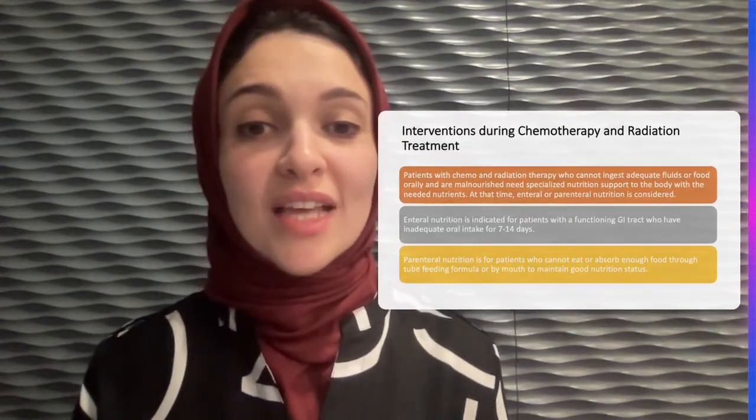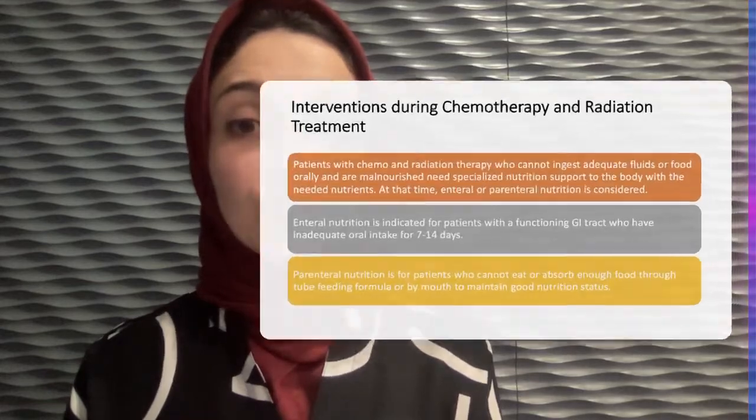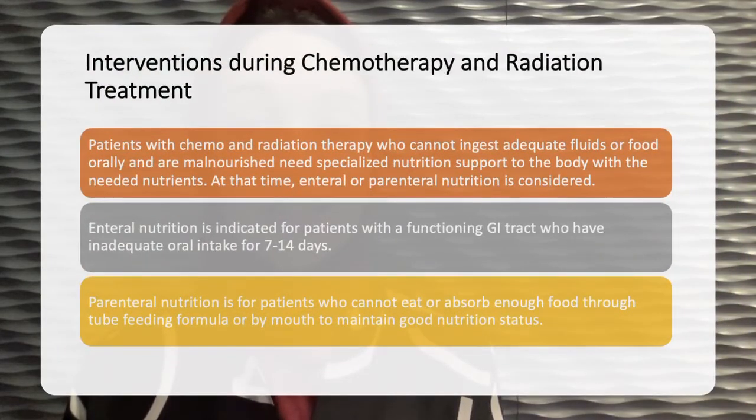First, what are enteral nutrition and parenteral nutrition? Enteral nutrition is indicated for patients with a functioning GI tract who have inadequate oral intake for 7 to 14 days. Parenteral nutrition is for patients who cannot eat or absorb enough food through tube feeding formula or by mouth to maintain good nutrition status.